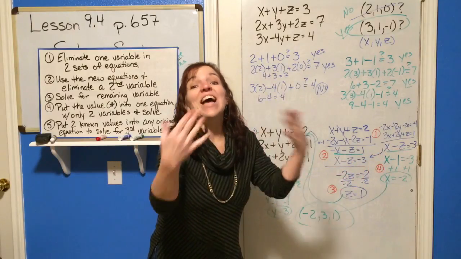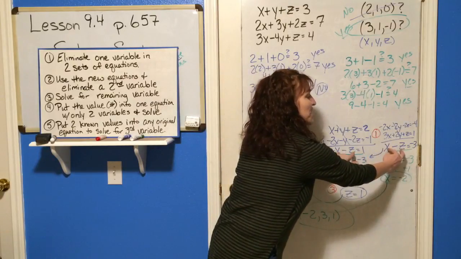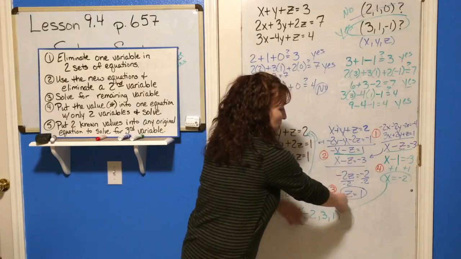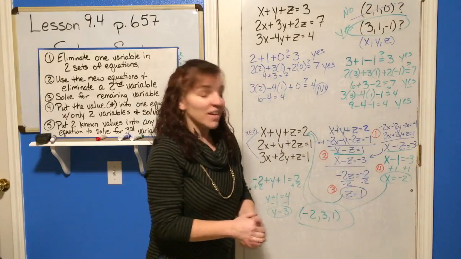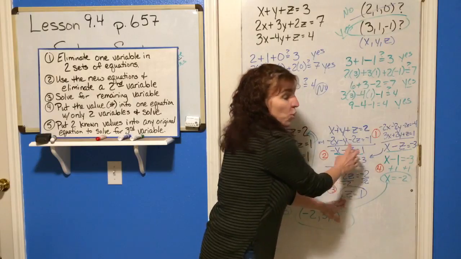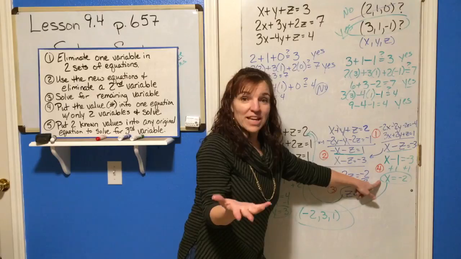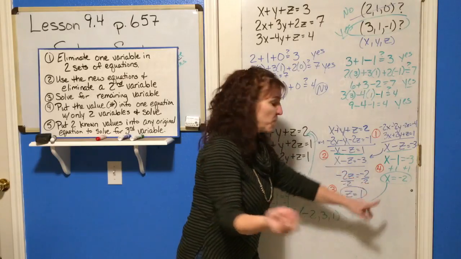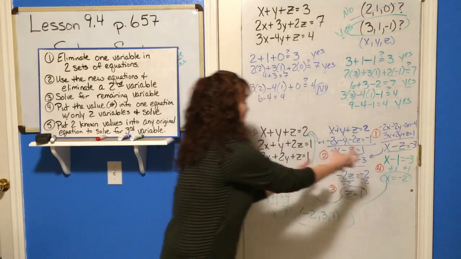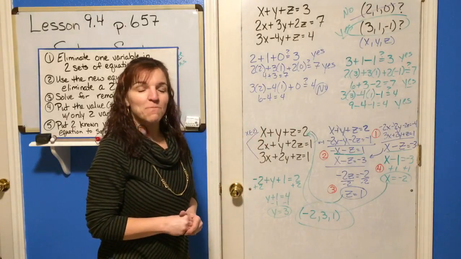Then it's just exactly like what you just did in the last section. Get rid of one of the variables in these 2 equations. Then you have one solution. Then once you take that solution, plug it back into one of the equations that just has 2 unknowns, and you'll get your second variable, your second value. Take those 2 pieces and put it into any of your original equations, and you'll get your third piece.